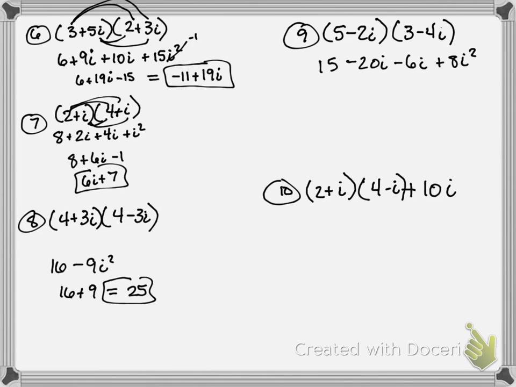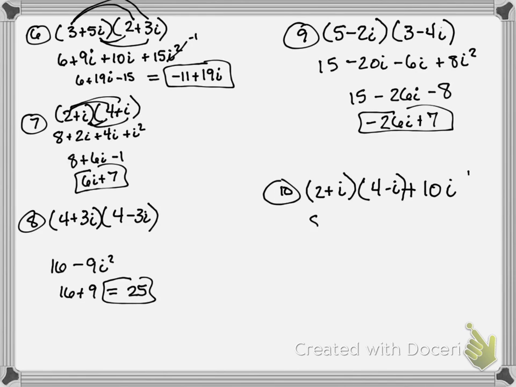So what do we get here? 15 minus 26i minus 8. 15 minus 8 is 7, so negative 26i plus 7. Or 7 minus 26i, either way. Either way would work.